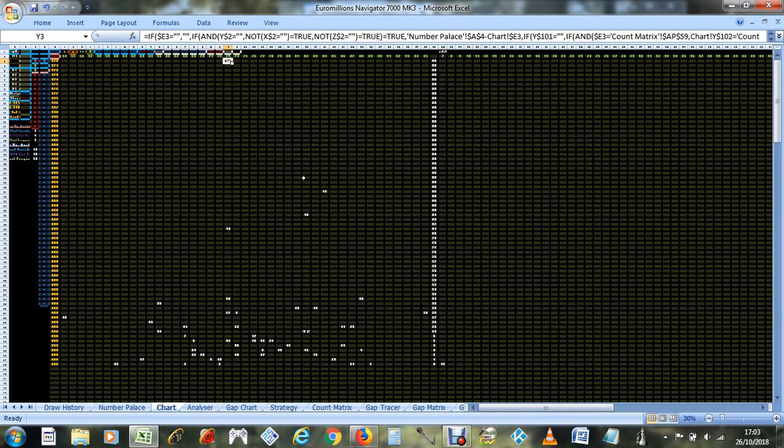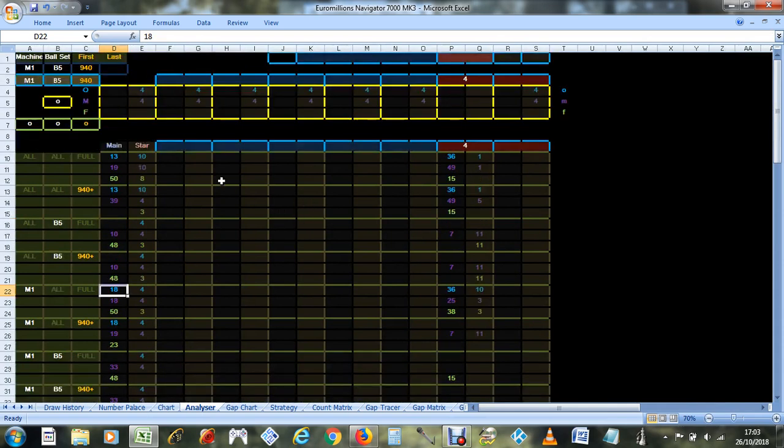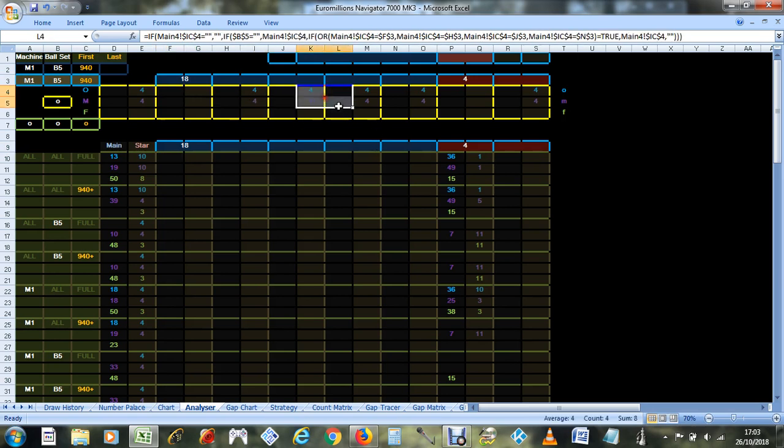And number 18 stands out because it's definitely most overdue by quite a lot. So I'm going to analyse number 18, and when I put that into the analyzer, let's see what coincidence we can get. Well, we don't get any looking at that.